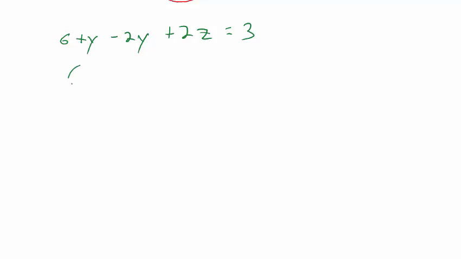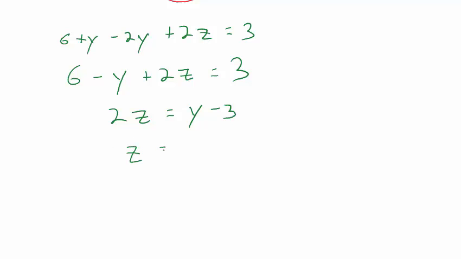So that makes 6 minus y, if I combine the y minus 2y, plus 2z equals 3. Let me get this stuff to the other side and say 2z is equal to y minus 3 if I subtract 6 from both sides and add y to both sides. Or z is equal to 1/2 y minus 3/2.